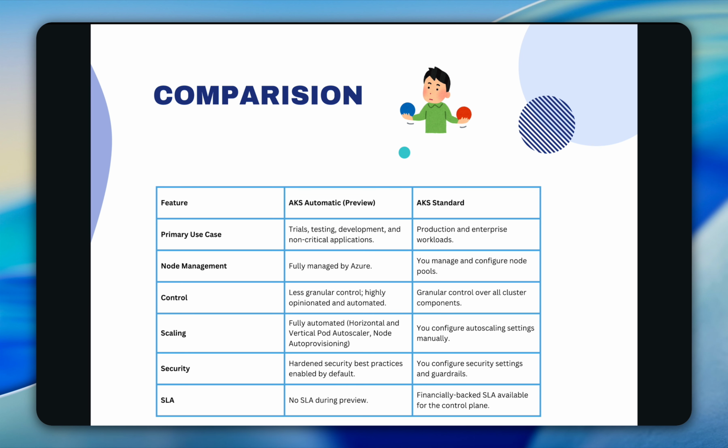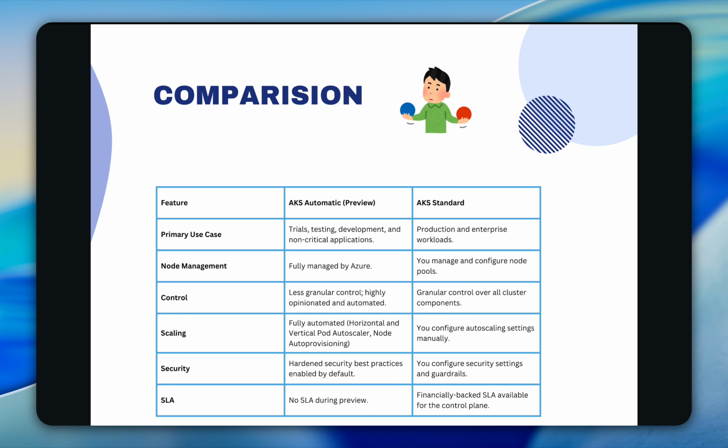Okay, now let's take a comparison between AKS Standard and AKS Automatic. Keep in mind that AKS Automatic is still in preview. So the primary use case for the moment is not production.